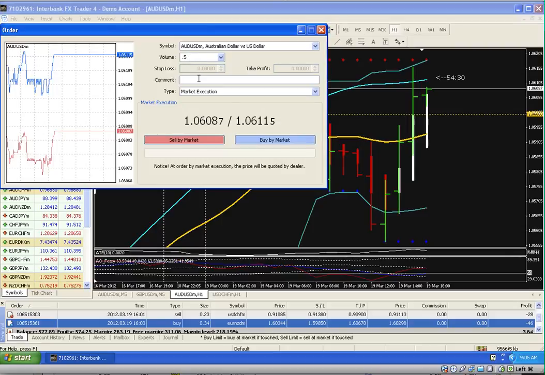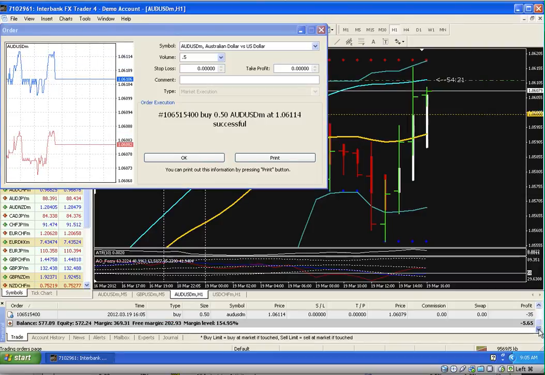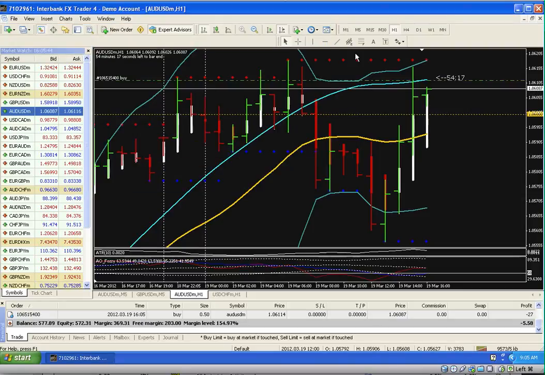So that's going to take up a lot of my margin here. Probably be done after that. Yeah, we're about done on that one. Alright, so we got a profit target.